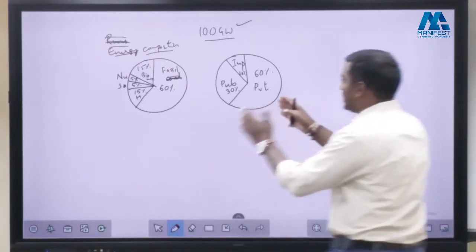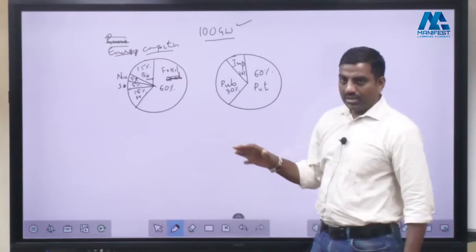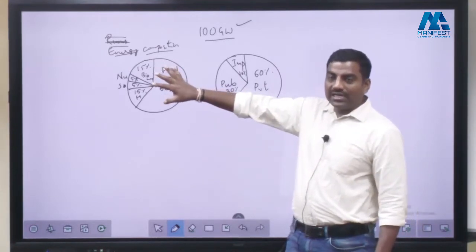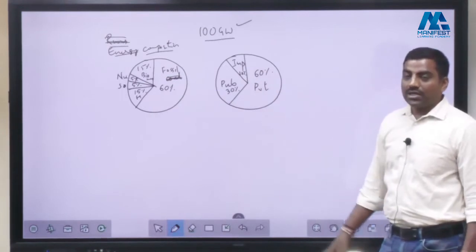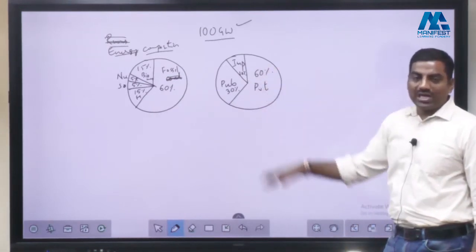So when two such charts are given, you should know what 100% constitutes in each one, and analyze accordingly.